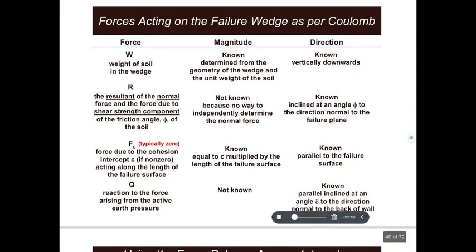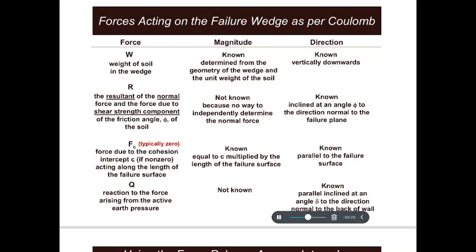This table summarizes the forces acting on the failure wedge. We have four forces acting on the failure wedge: W, the weight of the soil; R, the resultant of the normal force and the force due to the shear strength component; FC, the friction along the failure subplane; and Q, the active force.